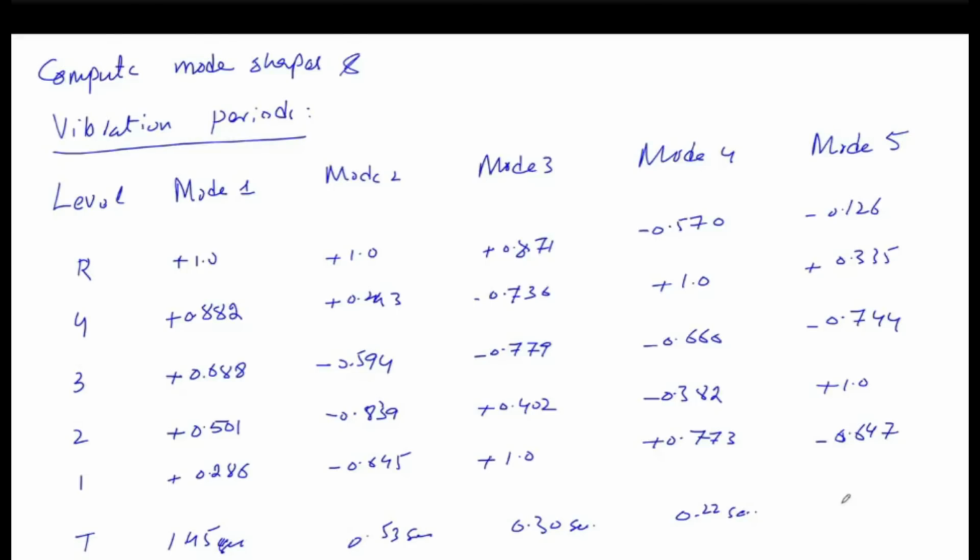And T5 is 0.16. Okay, so the mode shapes are normalized such that the target value for each mode is plus 1. This is the maximum value that we obtain at a given floor. And also, we have to keep in mind that the decimal points should be maintained up to 3 decimal places for each value.